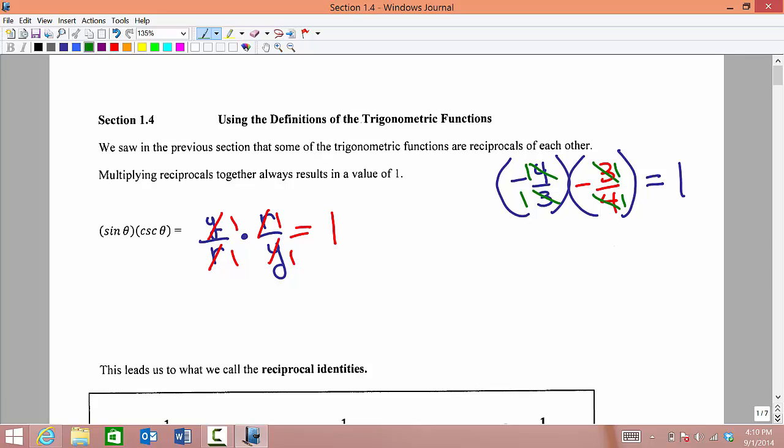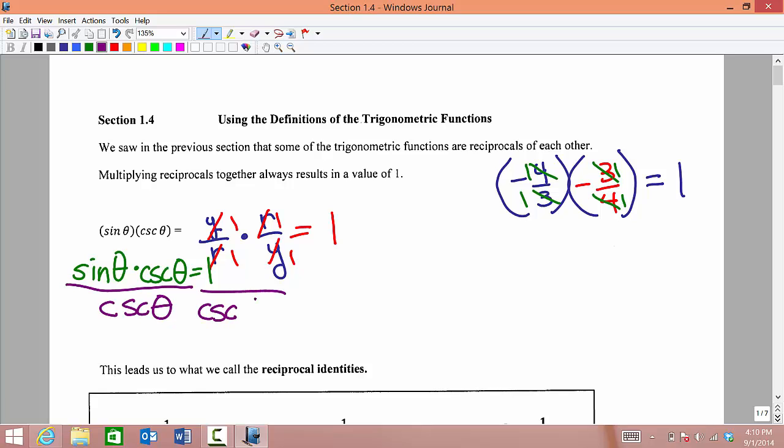Since we now know that sine of an angle theta times cosecant of theta would be equal to 1, now we can manipulate this, what we would call an identity. This is something that would always be true for any angle theta. So let's say that I take this identity and I divide both sides by cosecant theta.